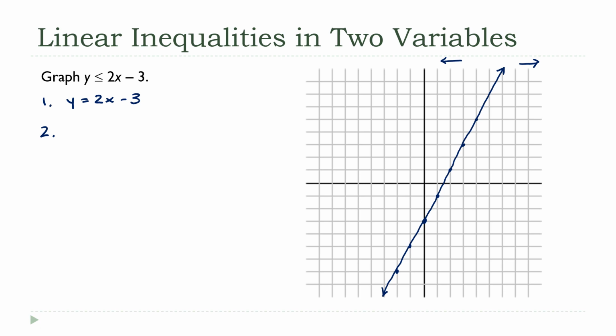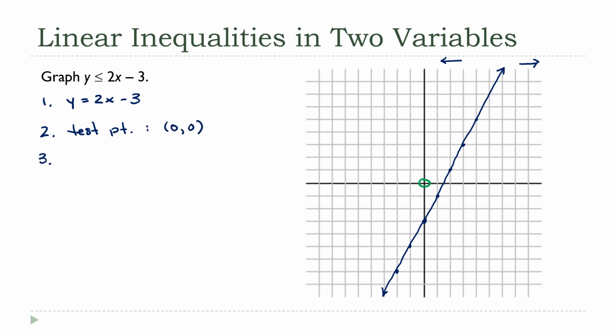Right? And any one will work, except you cannot pick a point that's actually on the boundary line itself. So as long as I stay away from that line, I'm okay. I'm going to pick, same point I always pick when I can, I'm going to pick the origin. All right, so my test point is going to be 0, 0.